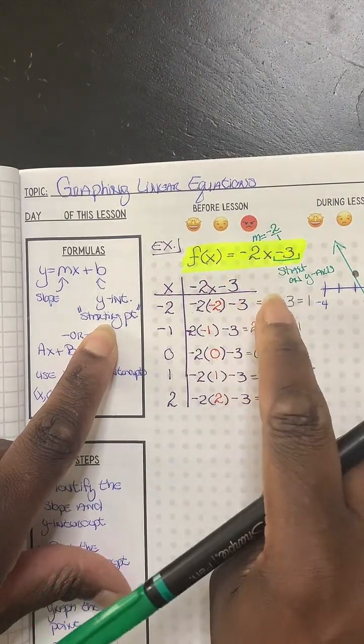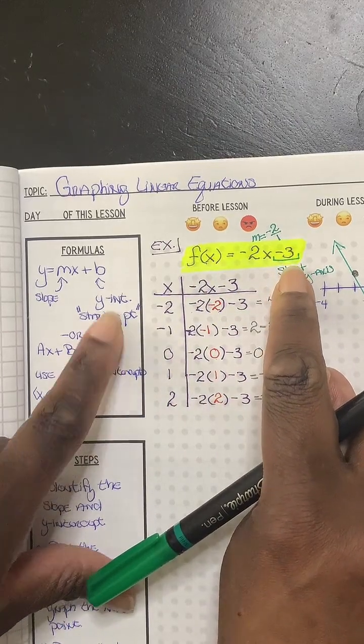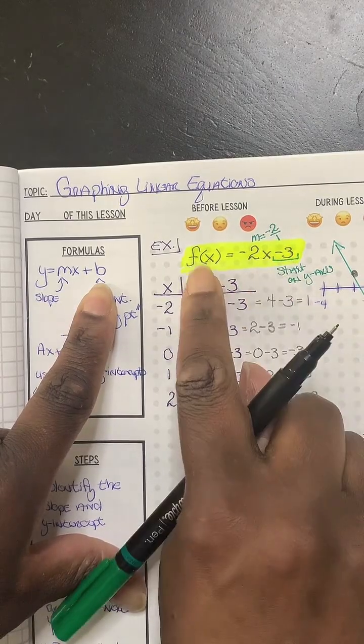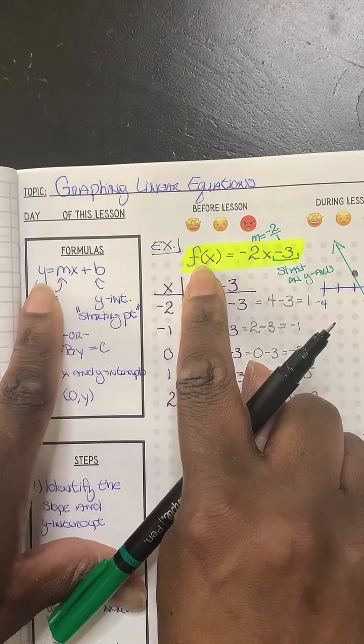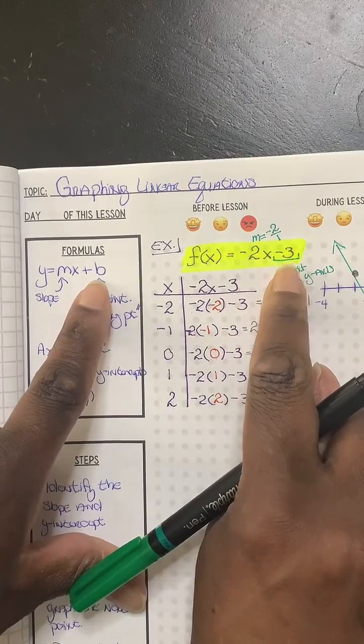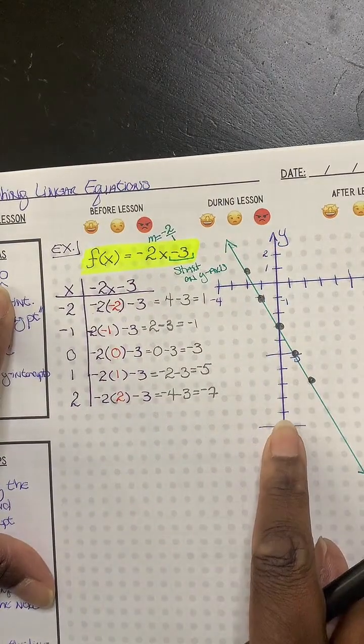So a lot of people are always like, oh, I don't know where to start. You always start wherever your constant is. If your constant doesn't have an x or a y associated with it, and it's already solved for y, like it's in this slope-intercept form, your constant, your b, is where you start on the y-axis.